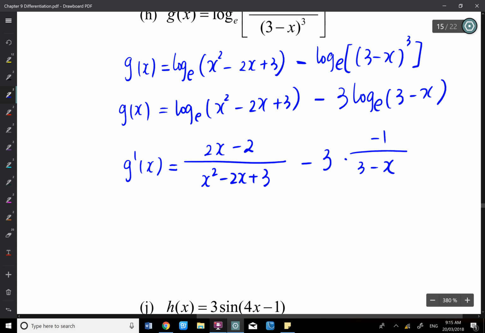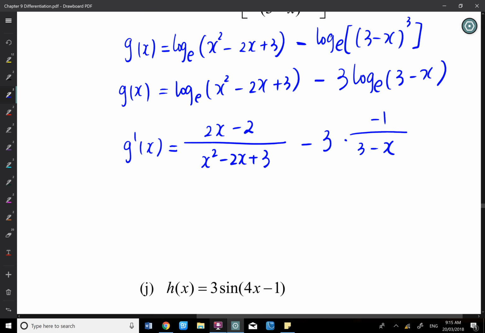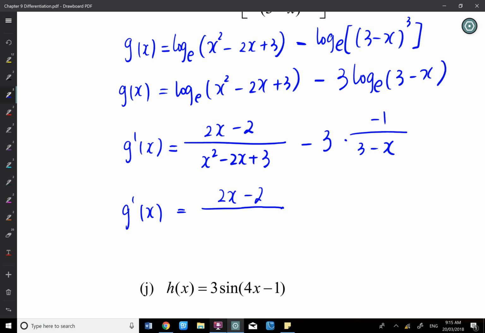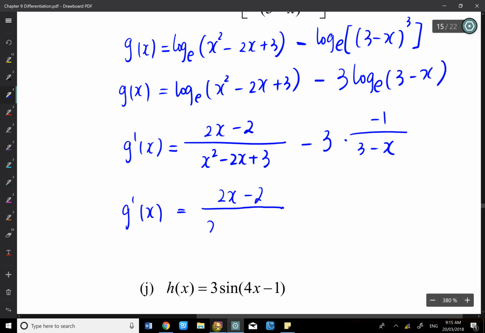Okay, it's minus 1. 3 minus x, the derivative is negative 1. So g dash x equals (2x minus 2) over (x squared minus 2x plus 3), plus 3 over (3 minus x). I'm trying to factorize.